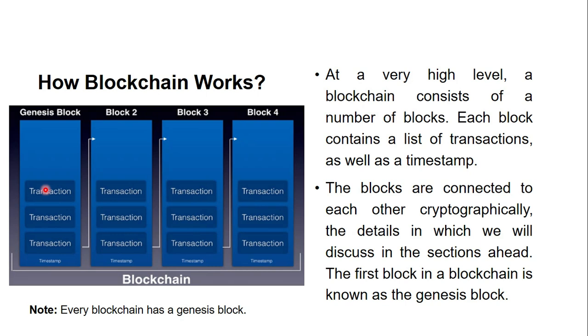The blocks are connected to each other cryptographically; this one is connected to this block, and this one to the next. Each block contains the list of transactions as well as timestamps. The details of the cryptographic connection we will discuss in the next section.